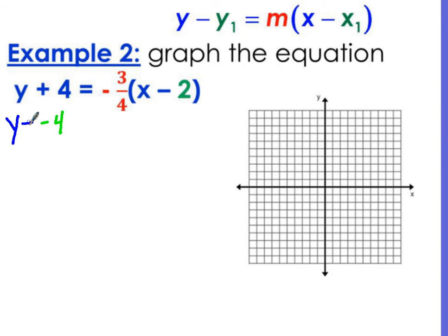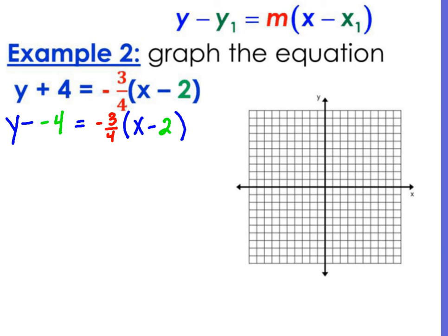Remember, because minus negative, I would just change that to plus positive, which is the same thing as y plus positive 4. So I'm going to change that to y minus negative 4. And then I have equals the slope, negative 3/4, times x minus x1, 2.